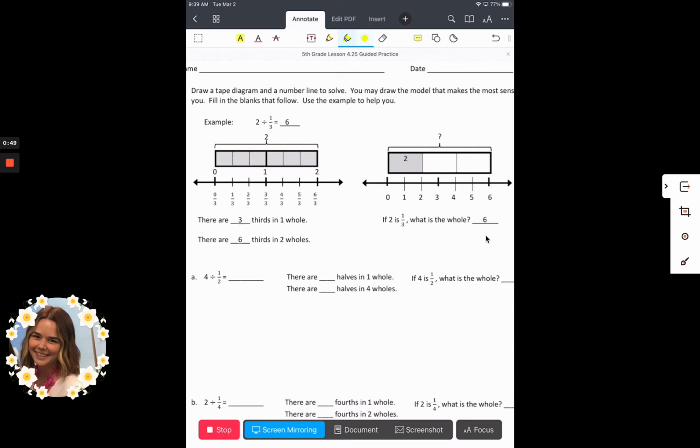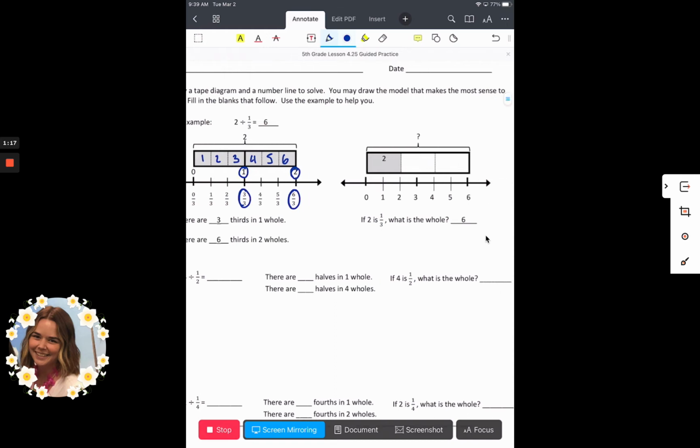And if we divide each of those into thirds, there are 3/3 in one whole. So this is the 1, and there are 3/3: 1, 2, 3. So then in 2 wholes, we have 6/3. So that's one way we can think about it.